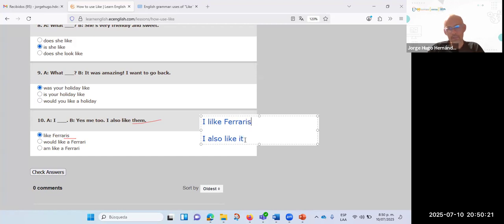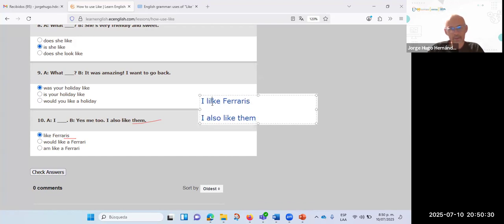But if it's plural, you have to replace it with them. Okay, take into account that. I like Ferraris, I also like them. I like Ferrari, only one, I also like it, no? Like it, okay? Okay, good, guys.